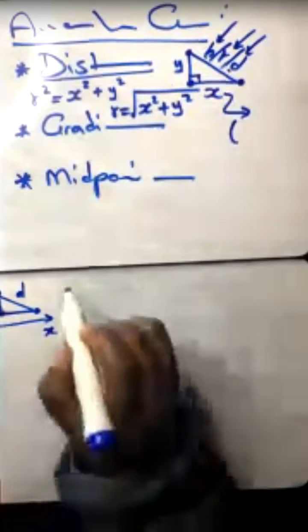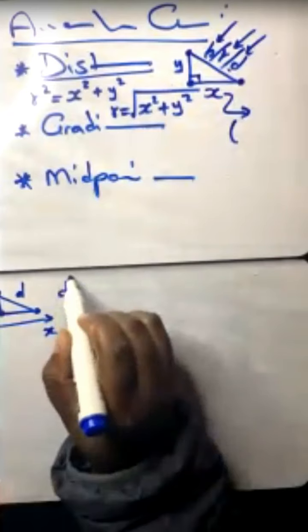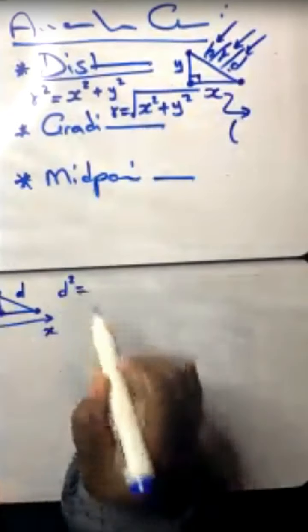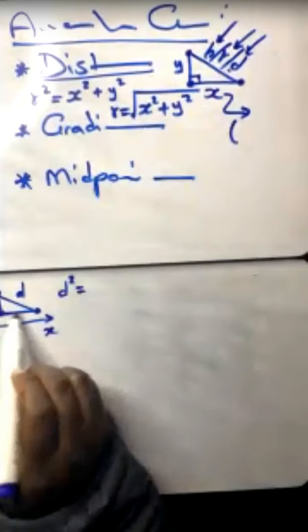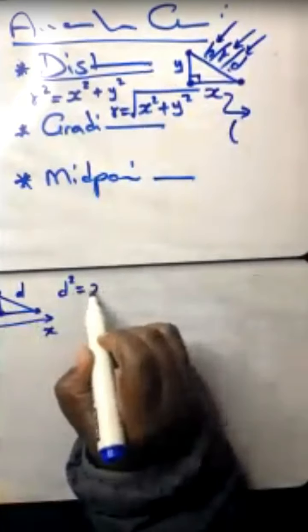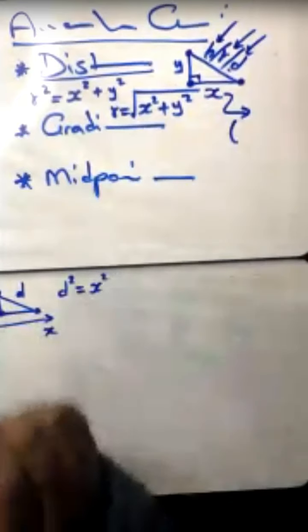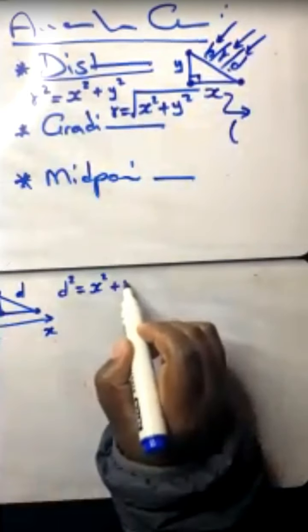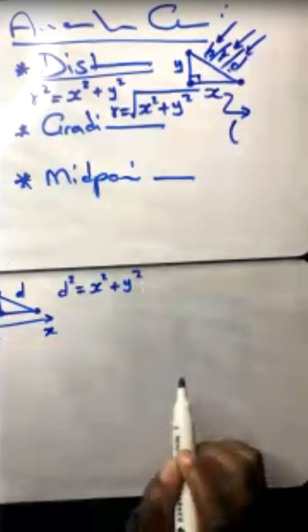So the distance d squared equals x squared plus y squared.